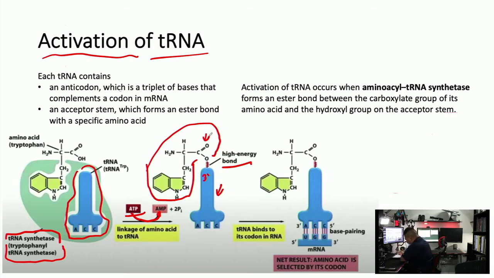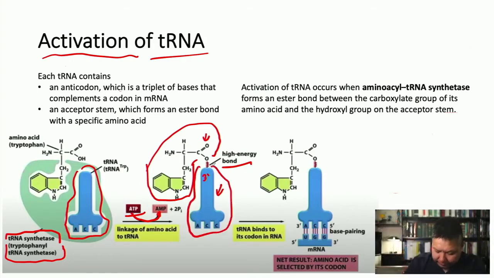So once this amino acid is attached to this piece of tRNA using the high energy bond, it gets floated over to the ribosome where it matches up to the mRNA with its complementary base pair. And that's how the next amino acid in the chain gets attached to the ever-growing peptide chain that will eventually become a protein.